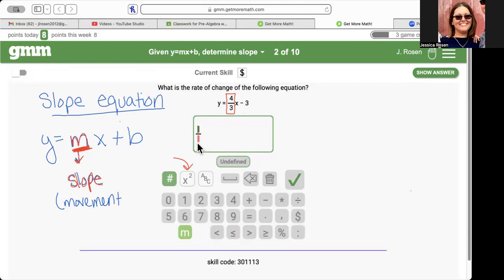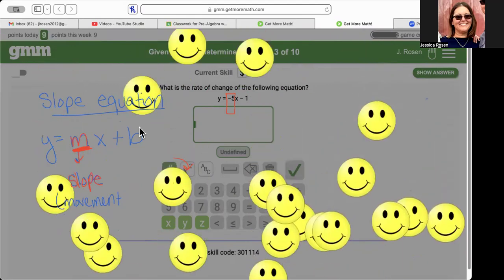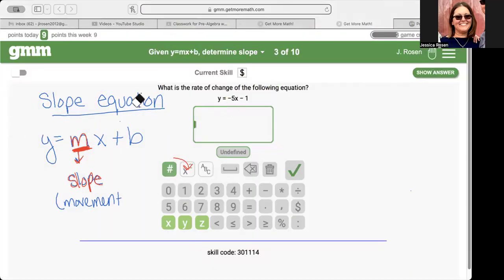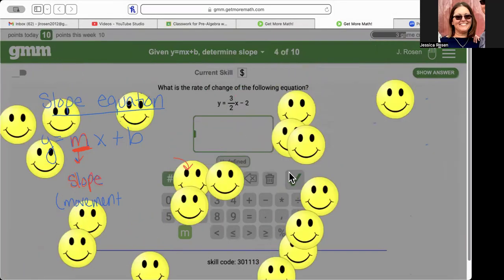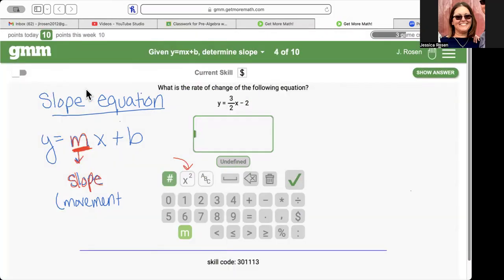My bad. And then it's y over x right there. So we're just going to type in 4 over 3, or you can type it in and use the division sign on your keyboard, and it'll give you the same thing. They really like negative 5 on this answer, evidently. Again, the number in front of x is negative 5. And then this one gives you the fraction, and it's just 3 over 2.